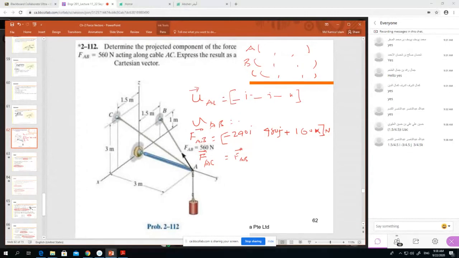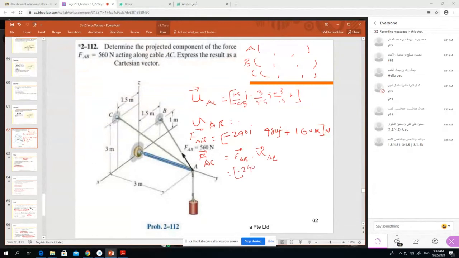So what is the unit vector: 1.5 divided by 4.5 i, minus 3 divided by 4.5 j, plus 3 by 4.5 k. So FAB dot UAC.